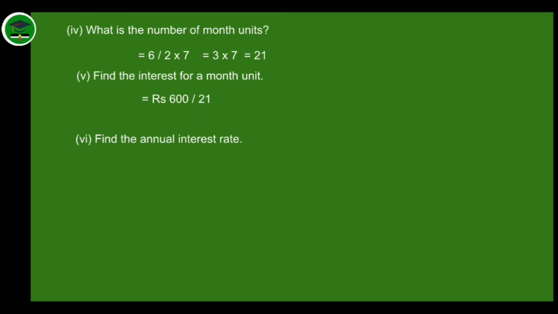Find the annual interest rate. So here you have to find the annual interest rate. This much, 600 by 21 interest you have to pay for 2000 rupees. Then you have to calculate for 1 annual interest rate, so you have to multiply it by 12, right?